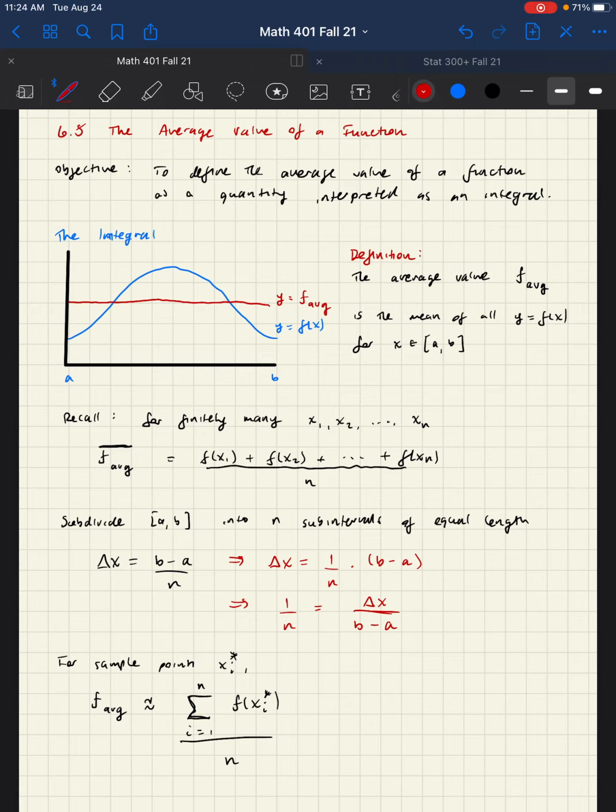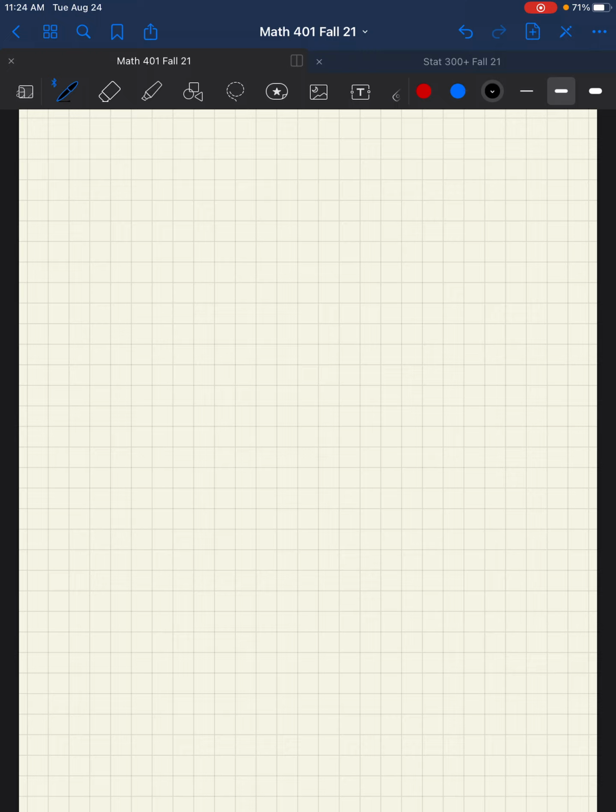But it will actually end up looking the exact same as this formula right here, except this time this is actually going to be an approximation. Now I'm going to write this by writing the 1 over n in front. So 1 over n times the sum of these function values, i equals 1 to n.